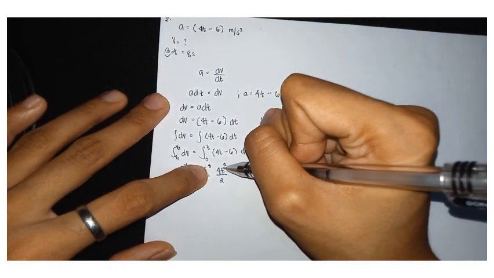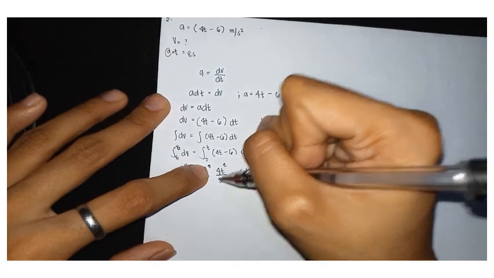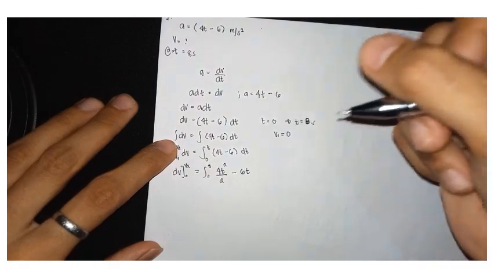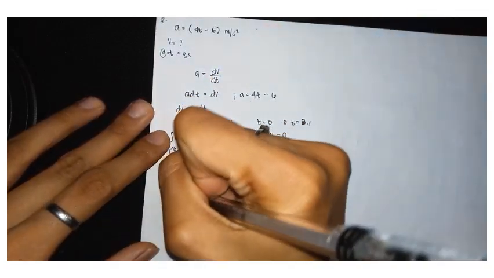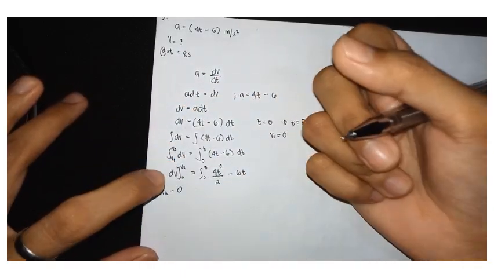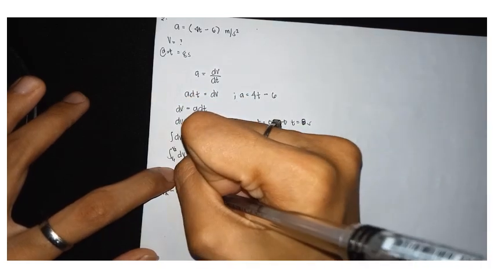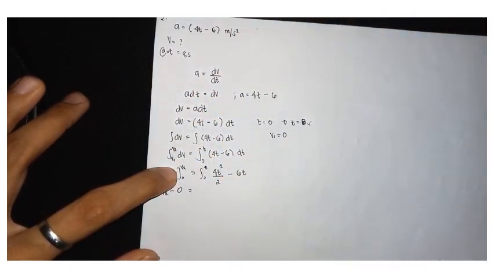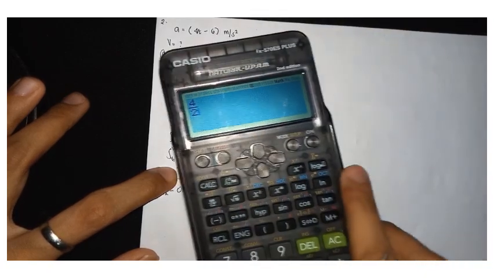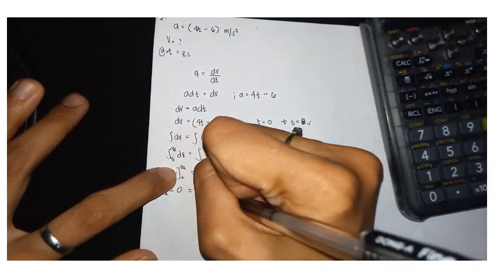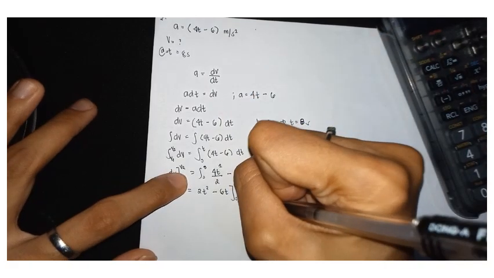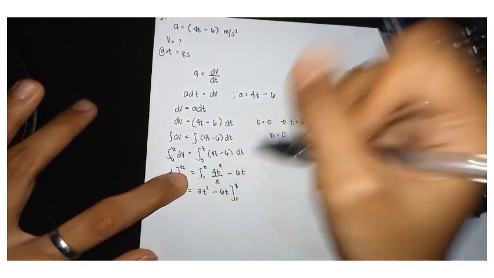In integrating, we just add 1 plus 1, so it's 2, using the power formula. So v2 minus 0, and 4 divided by 2 equals 2. So 2t squared minus 6t, with the lower limit 0 and the upper limit 8.